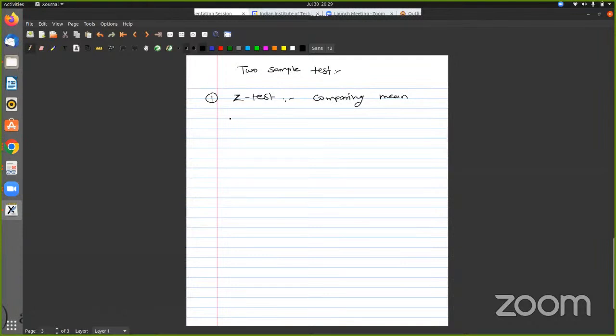In this case, what will be my test statistic? It will be x bar minus y bar, or y bar minus x bar, the sample means from two populations.